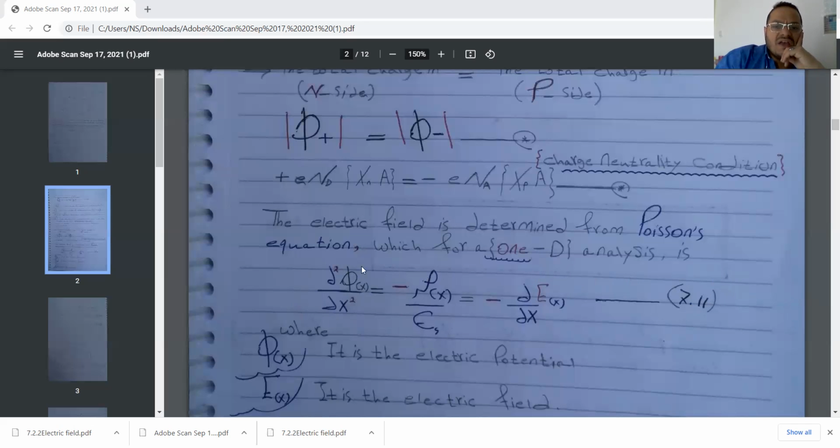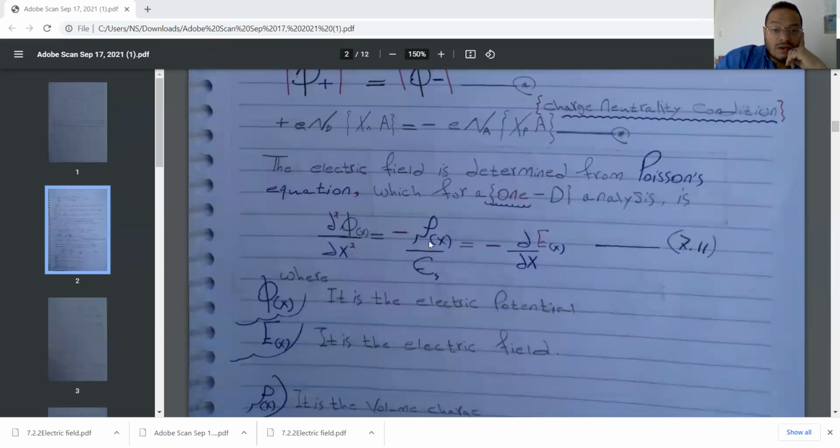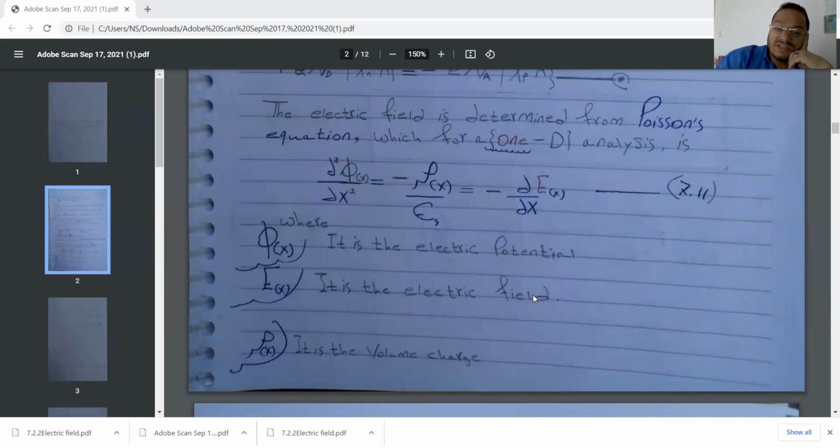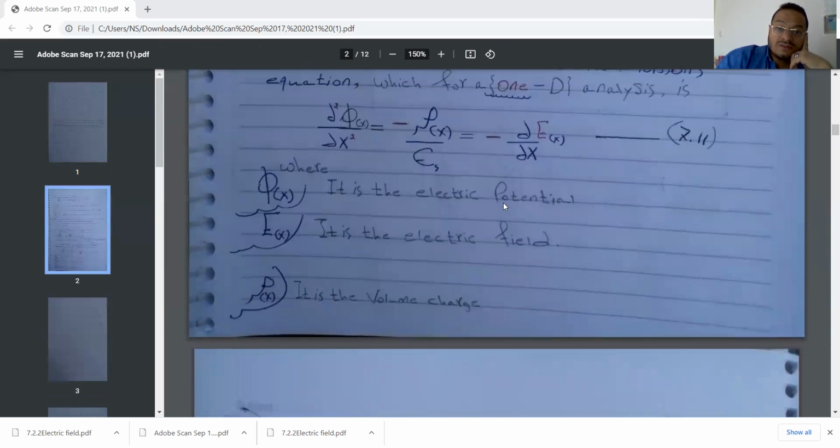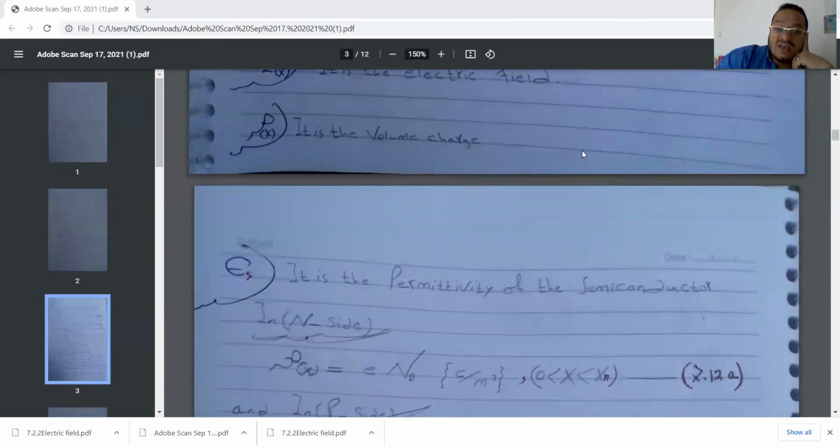We will use it in this lecture maybe two or three times. Like I said before, this is the electric potential, this is the electric field, and here it is the volume charge. It's important here, it's a different element. It is the permittivity of the semiconductor.